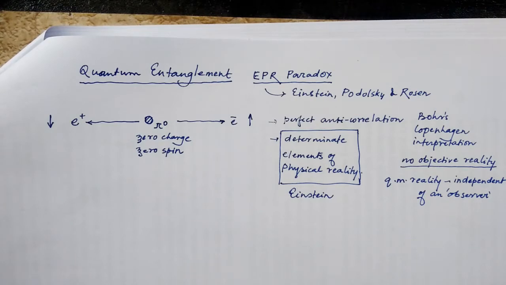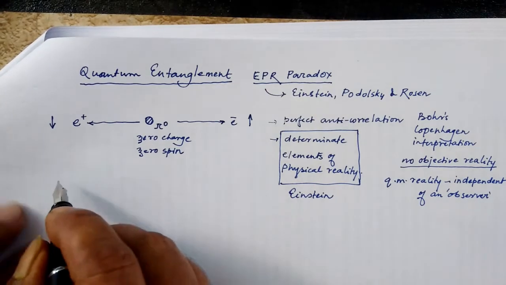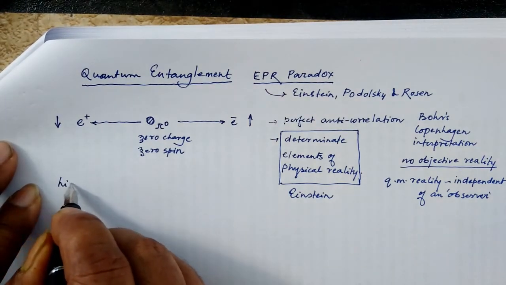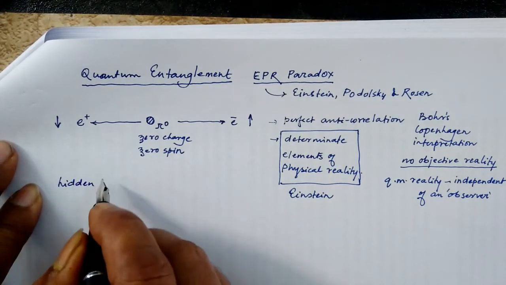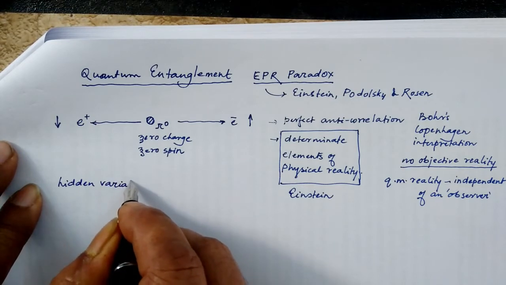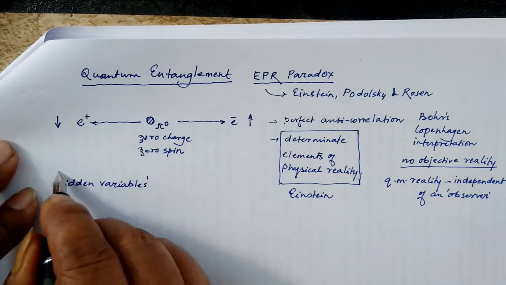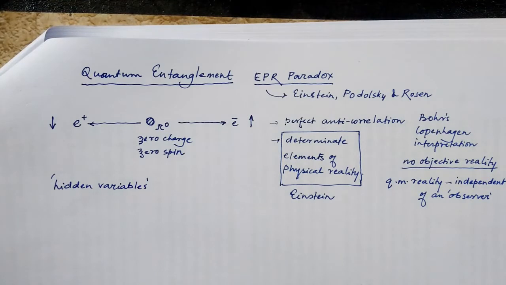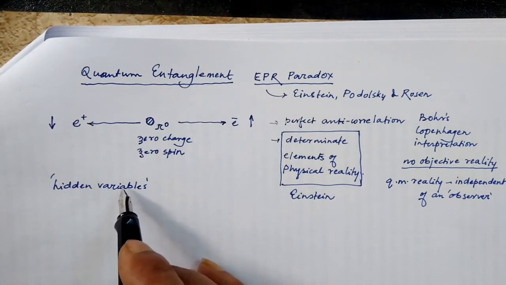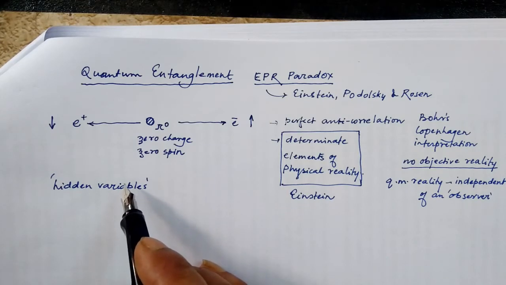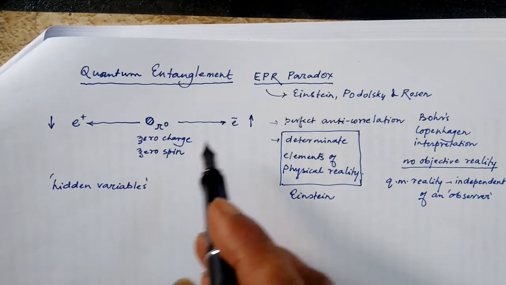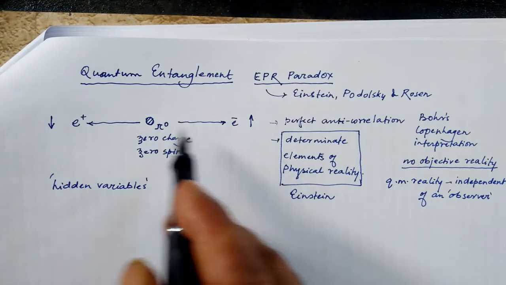So what could happen? There must be some hidden variables that are actually responsible for the decision of these spins.